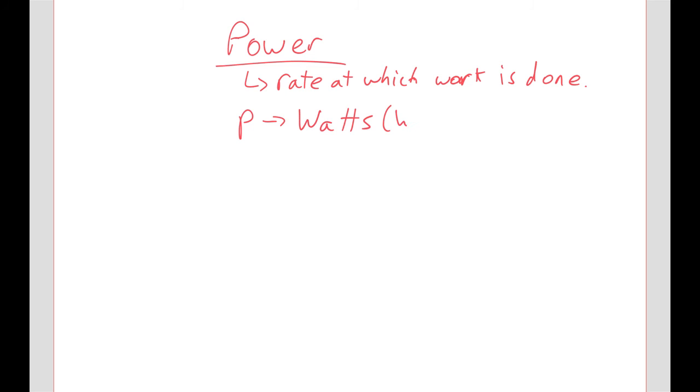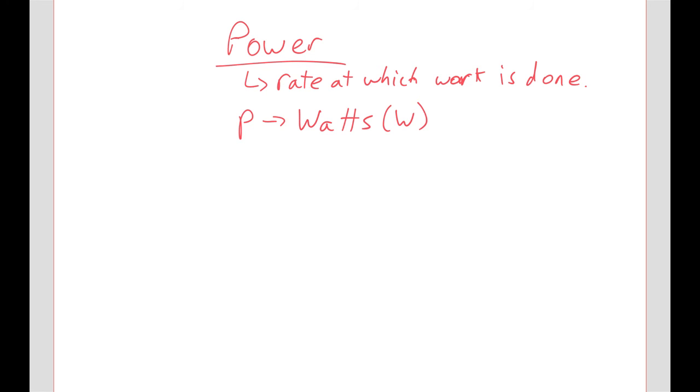something we've talked about before. It's the rate at which work is done. Work is just another word for energy. Useful energy, I guess, something is being accomplished. So power will be represented by a capital P, and as we've used before, it is measured in watts.